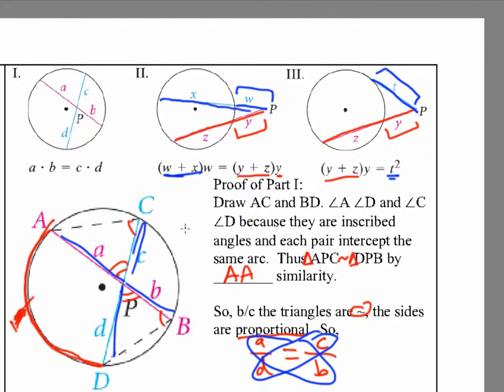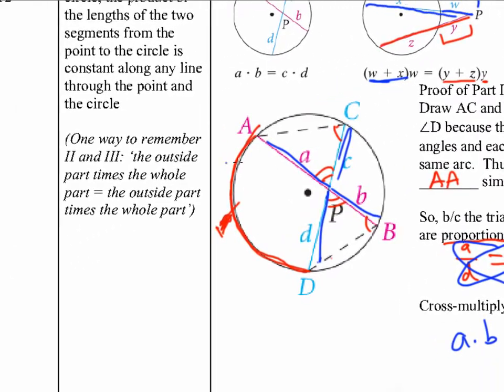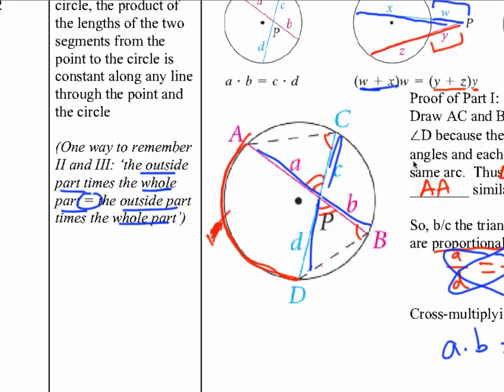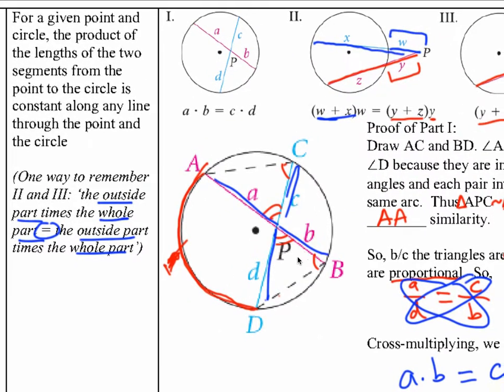So this is kind of confusing. The way I like to remember it, even though this is not really mathematical in any way, I just remember the outside part times the whole part equals the outside part of the other one times the whole part. So if you look at it, that's what's going on here.